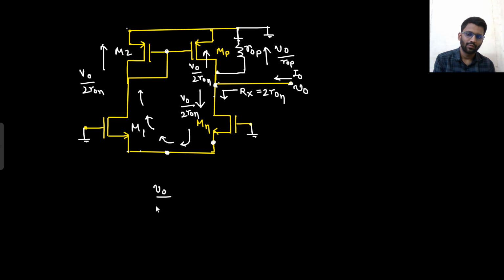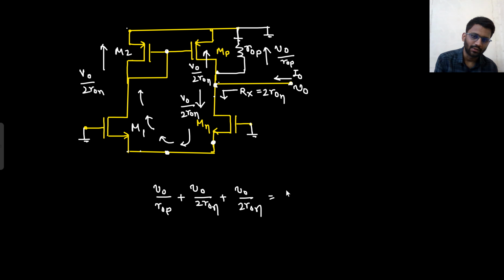Say yes or no. V0 by R0P plus, in the upward direction, V0 by 2 RON plus, in the downward direction, V0 by 2 RON, and that equals I0. So what is V0 by I0? V0 by I0, your output resistance, is coming out to be R0P parallel with R0N.